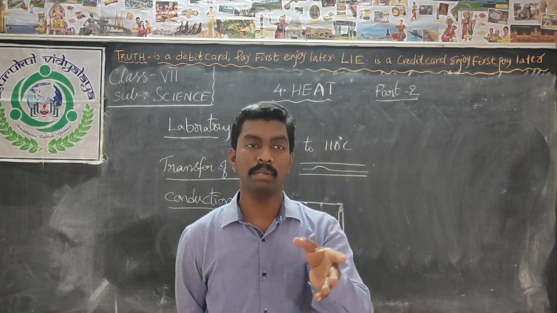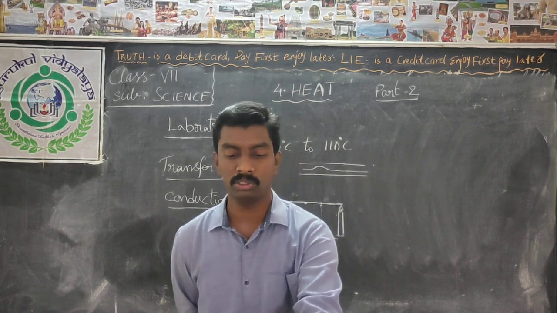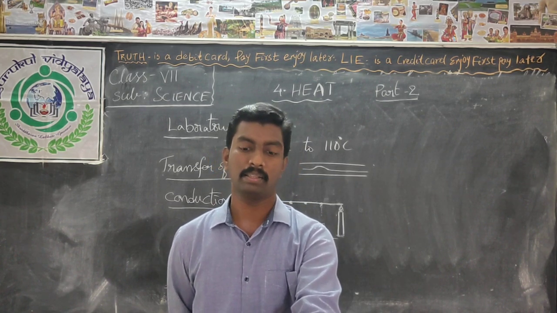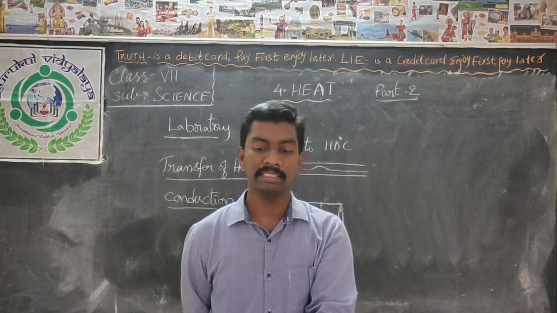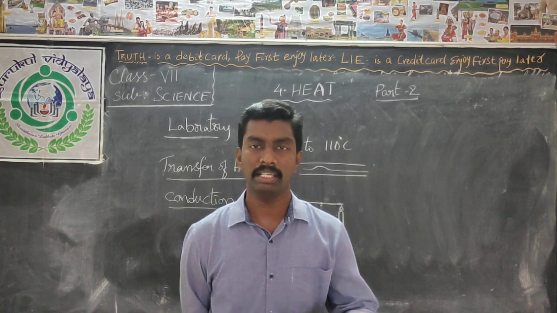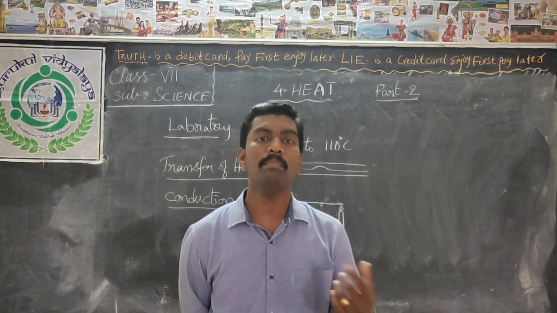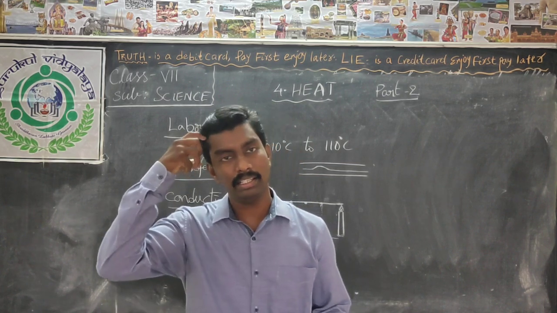What is the material of that article? It is a metal, so metal is printed here. Next column, does the other end get hot? Yes, it is getting hot. Why? Because the material is a metal.